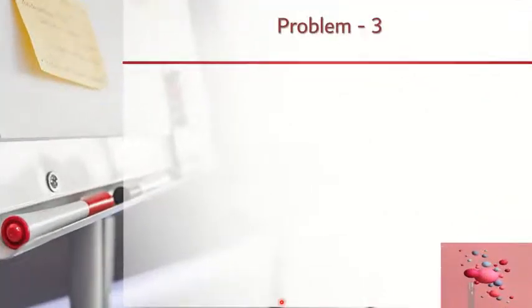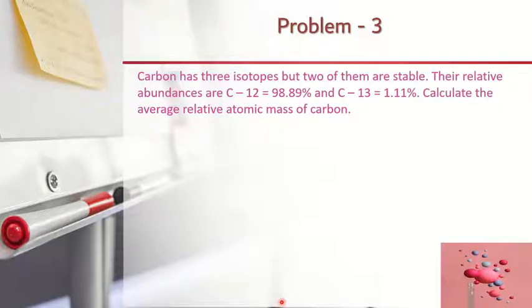Now, dear students, when there are isotopes, for example, here carbon has 3 isotopes, carbon 12, carbon 13 and carbon 14, where the amount of carbon 14 is very less. So we can calculate the relative atomic mass of carbon from their isotopes, and also the availability of these isotopes.